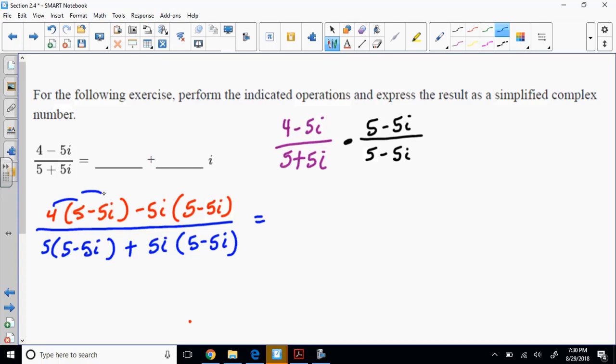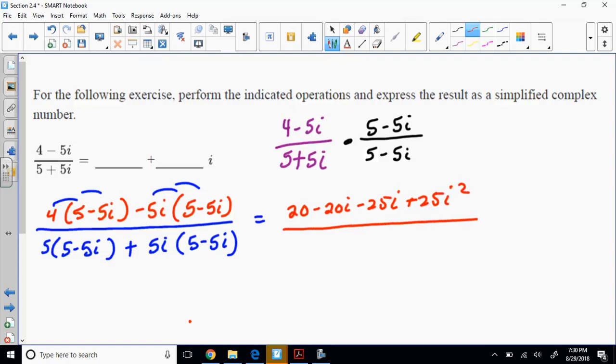So that's going to give me 20 minus 20i minus 25i plus 25i squared. This is going to give me 25 minus 25i plus 25i. You see that middle term canceling there? And then, of course, negative 25i squared.